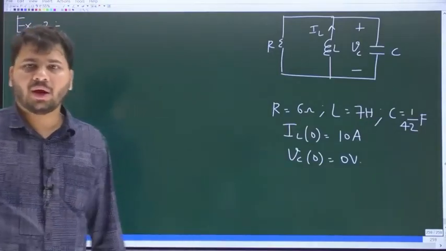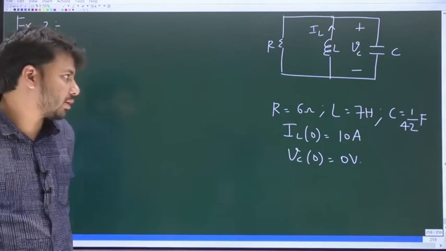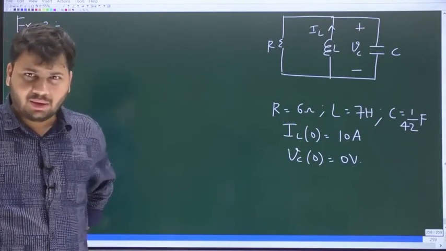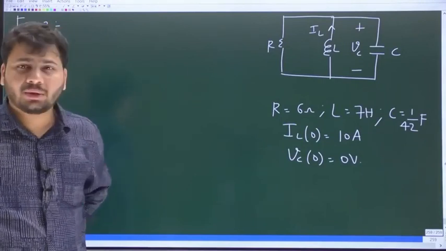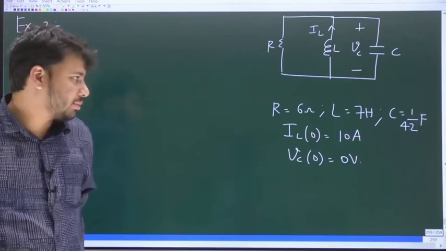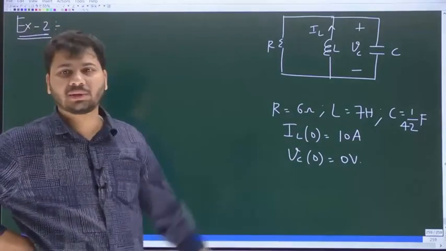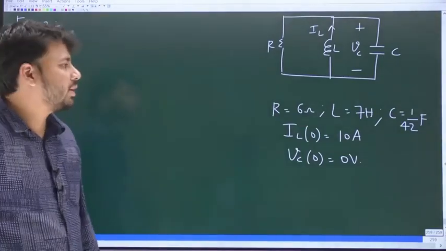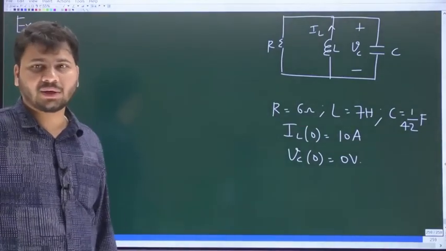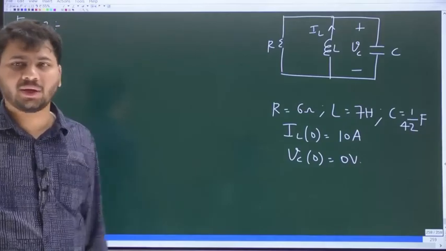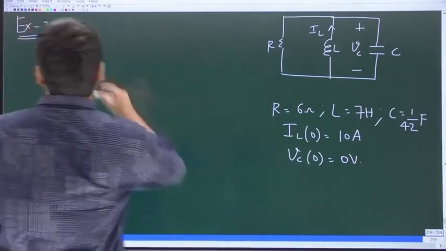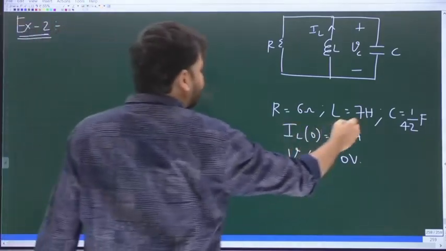So once again, we have the same parallel RLC circuit. Let everything be the same except for the value of resistance. Previously, what was the value of resistance? Now let's make the resistance value 10 root 6 by 2. I'll just write it.